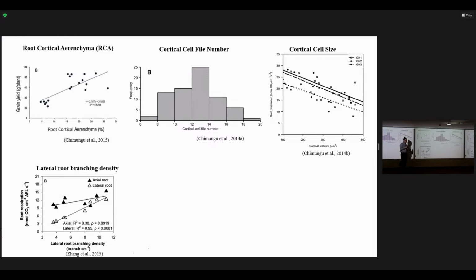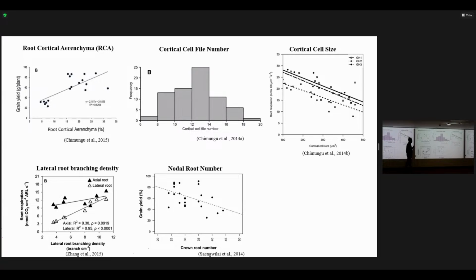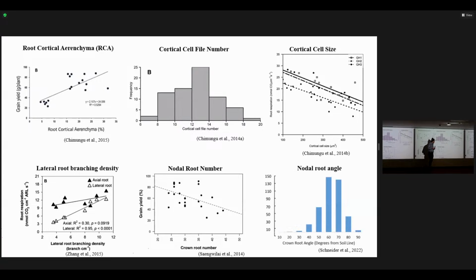For lateral branching density, now looking at the architecture of the roots, there is phenotypic variation from 2 to 12 branches per centimeter. And we also have variation for nodal root number, and variation for angle. So what I want to talk about here is, if we consider all the possible combinations of Phene states that in total give rise to an integrated phenotype, the number of combinations is really high, and it's hard to test this in the field or in the greenhouse.